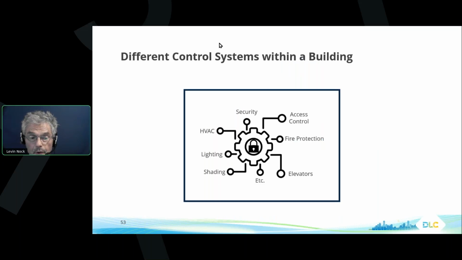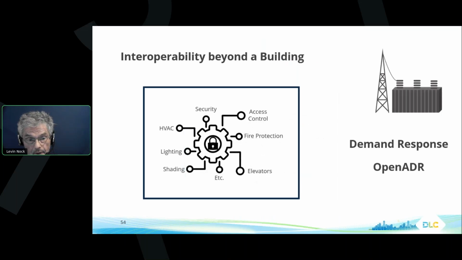Thanks. So we've been talking so far about how different control systems within a building work together, but you can also talk about building controls increasingly responding automatically to demand response signals from a utility or from some other actor outside the building.